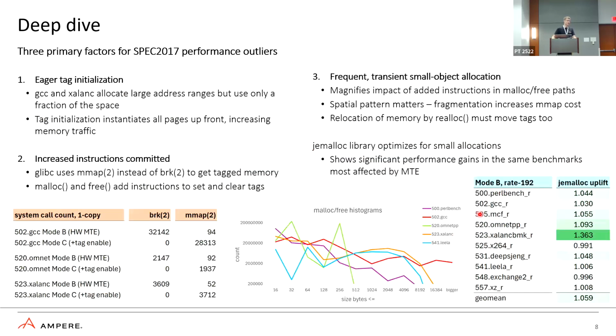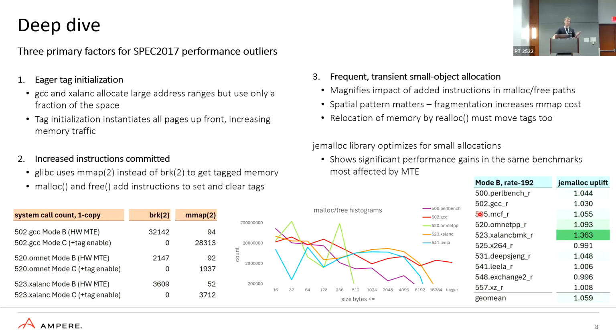So we wanted to understand those 4 SPEC outliers and what's going on there. So we did an extensive debug into those. And we diagnosed the performance loss to 3 primary factors. First of all is eager tag initialization. GCC and Xalan in particular allocate large blocks of memory that they never use.